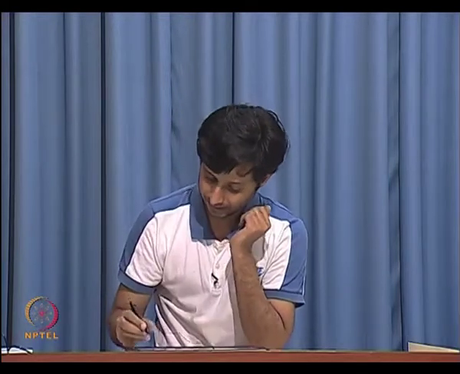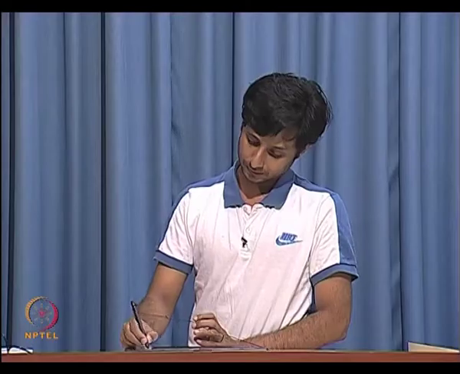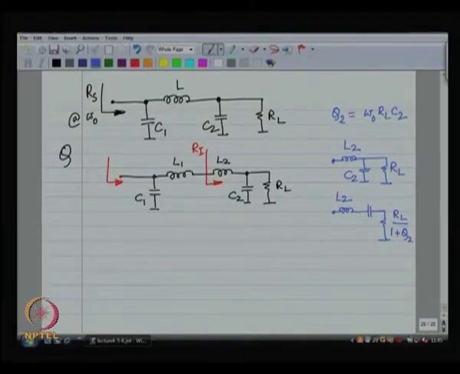Now, R L is going to decrease because you are going from parallel to series. So, at omega naught, instead of R L, you are going to see R L divided by 1 plus Q 2 squared. What is going to happen to C 2? C 2 is also going to change. Is it going to increase or decrease? When you go from parallel to series, the impedance is going to decrease.